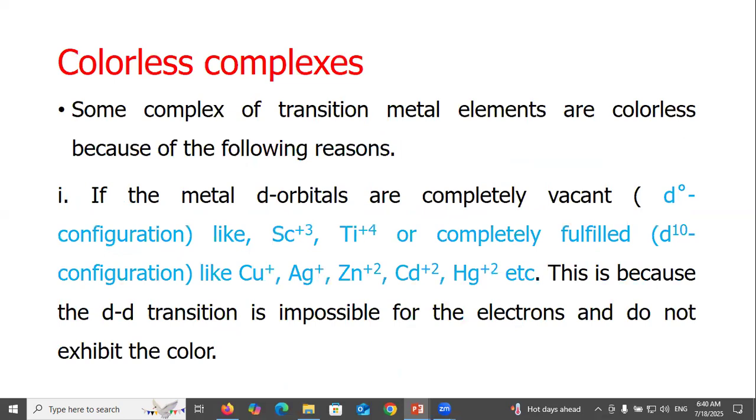Colorless complexes. Some complexes of transition metal elements are colorless.